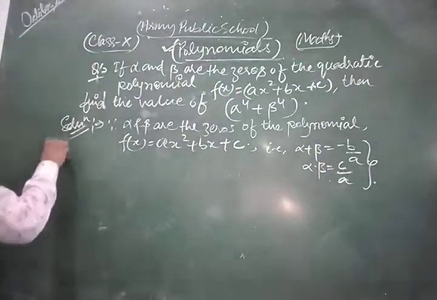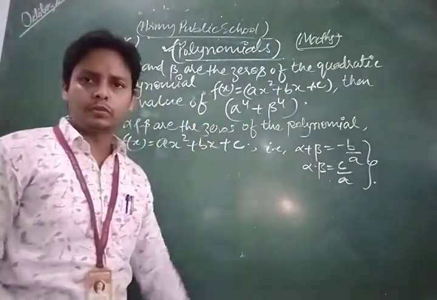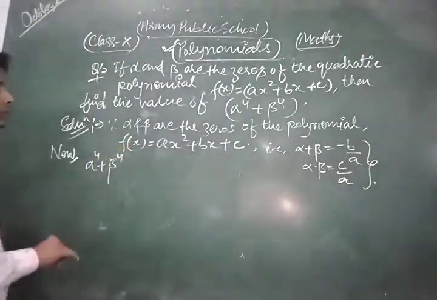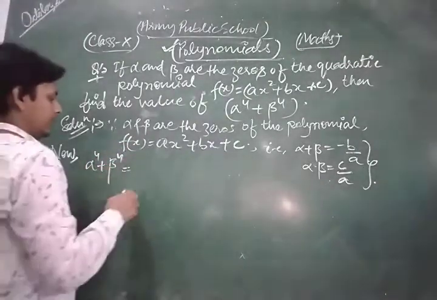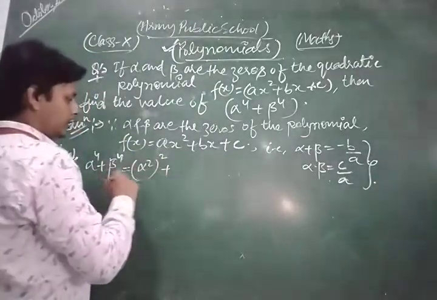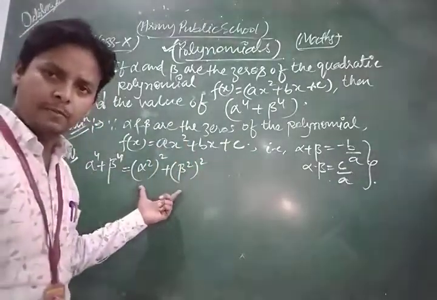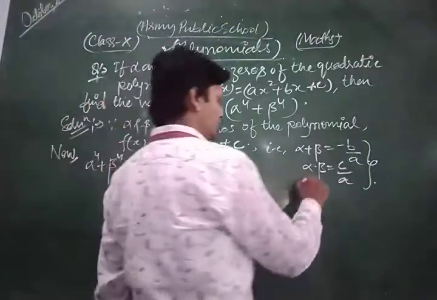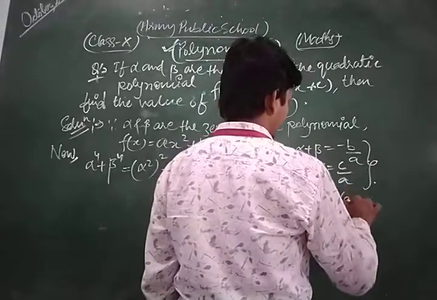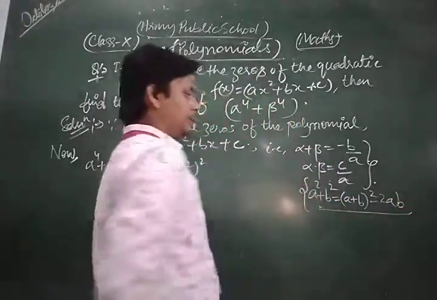Now we just find the value of alpha to the power 4 plus beta to the power 4. Look, we can write alpha power 4 as alpha square whole square, and beta power 4 as beta square whole square. Now we apply the identity, you know that we can write a square plus b square in the form of a plus b whole square minus 2ab.